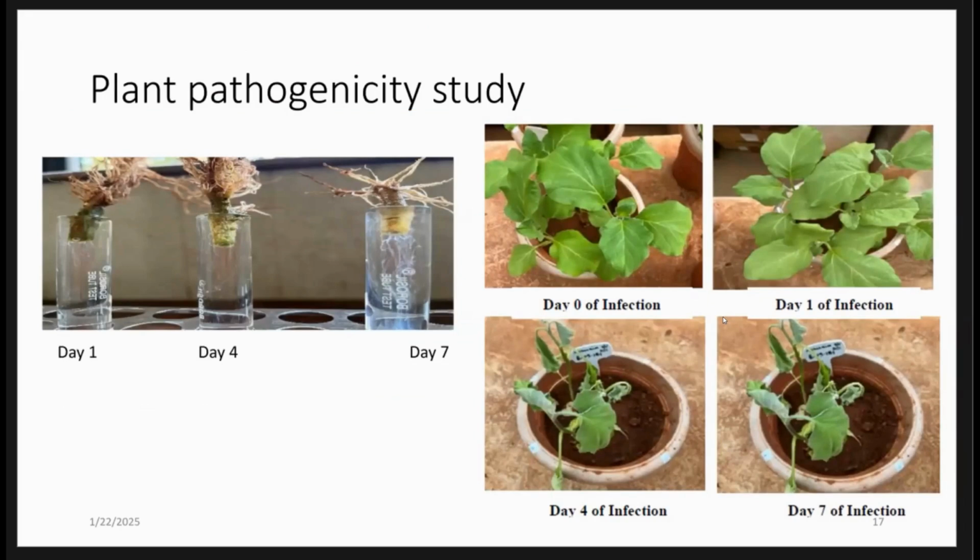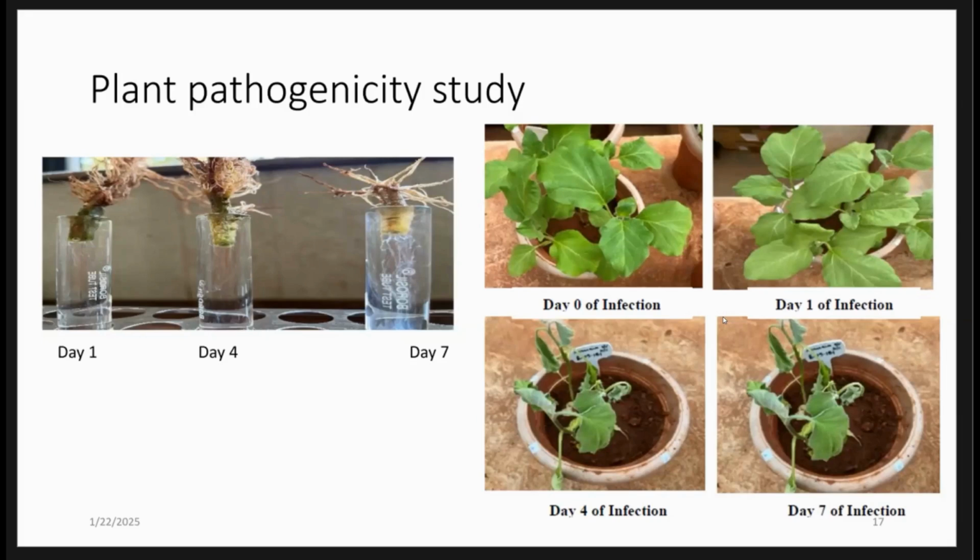Samples were collected on day 1, day 4, and day 7, and tested using the gold standard methods I mentioned earlier. The basic test is just cutting a stem and seeing the ooze dripping from the stems of infected plants. If you see the images, on day 0 and day 1 you don't see any symptoms on the plants, but on day 4 you start seeing wilting, and on day 7 it's a completely wilted plant.